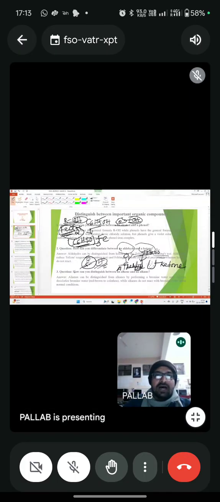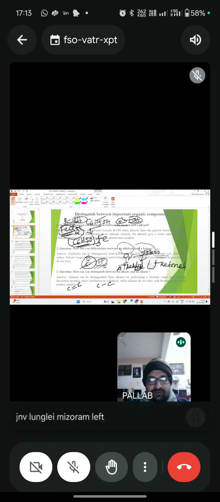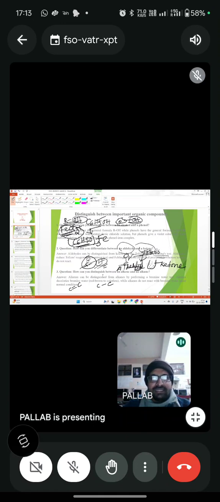Another distinguishing question: how can you distinguish between an alkene and an alkane? We all know that alkene has a double bond and alkane has single bonds. When you use bromine water, which is normally red-brown in color, this red-brown bromine water will react with the alkene and form this compound.